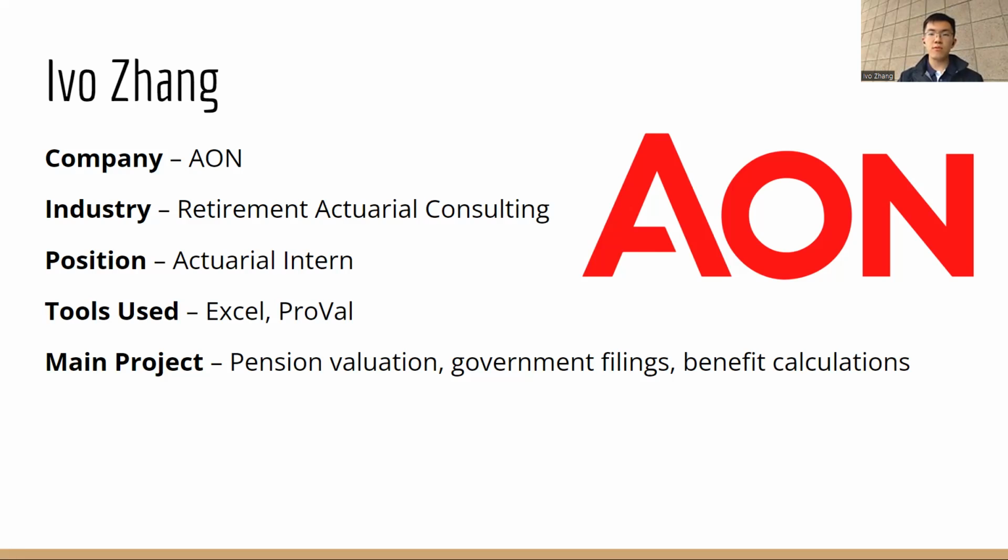As for tools used, it's also very interesting that the coding languages that I was previously familiar with, things like R or Python, we don't really use them much anymore, at least not in the day-to-day work.